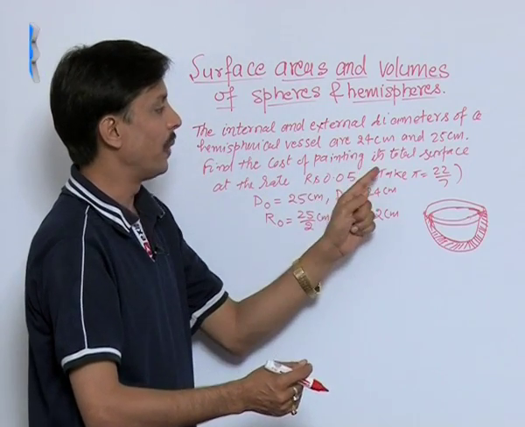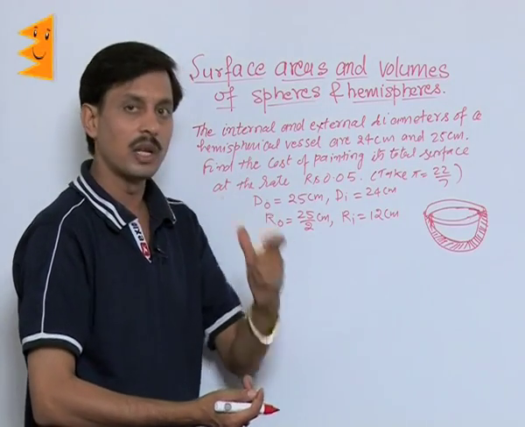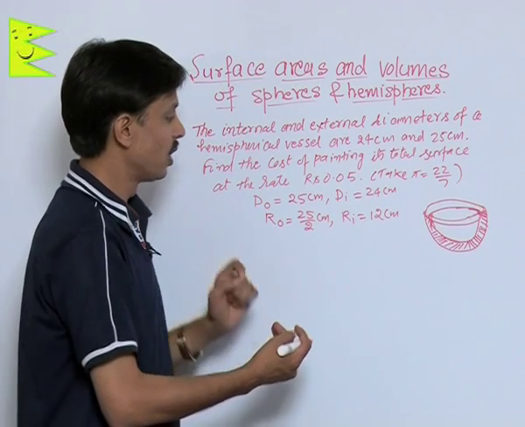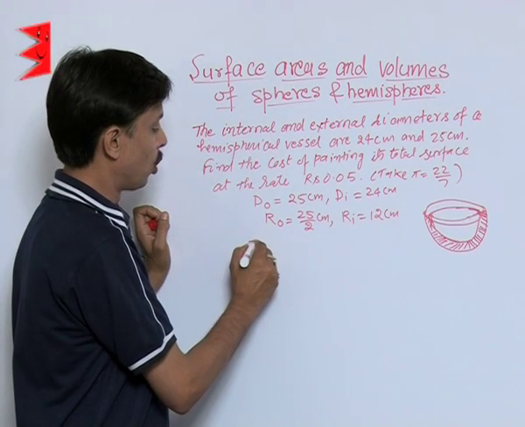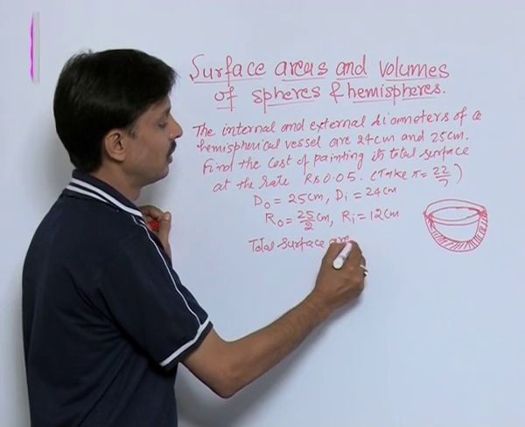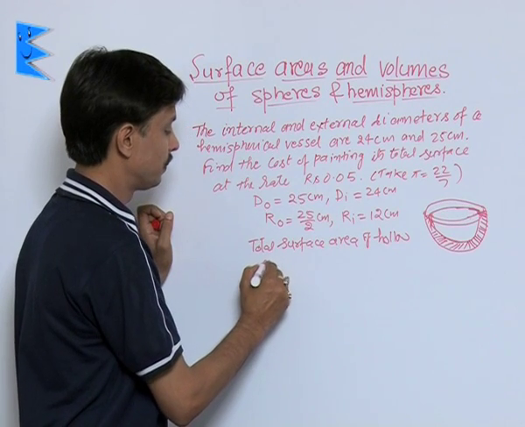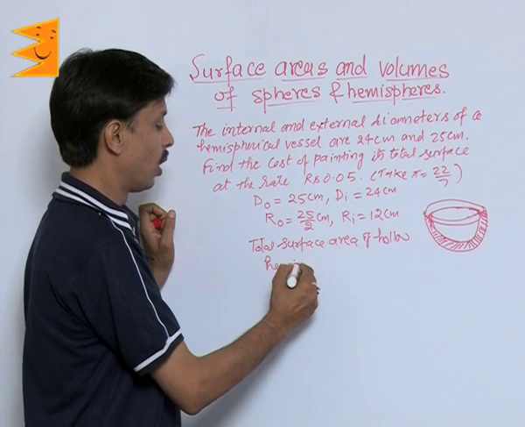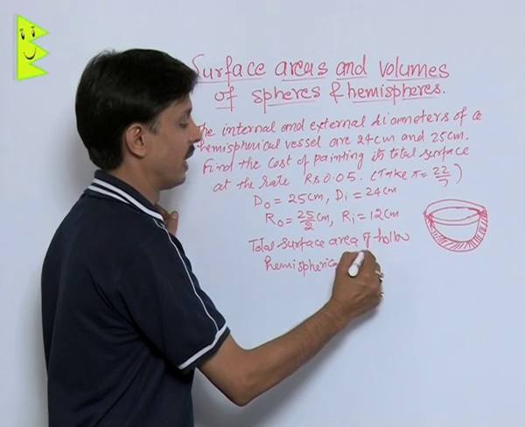Find the cost of painting its total surface. As and when we talk about the total surface of any hollow hemispherical object, the formula is, this is the total surface area of a hollow hemispherical object or vessel.